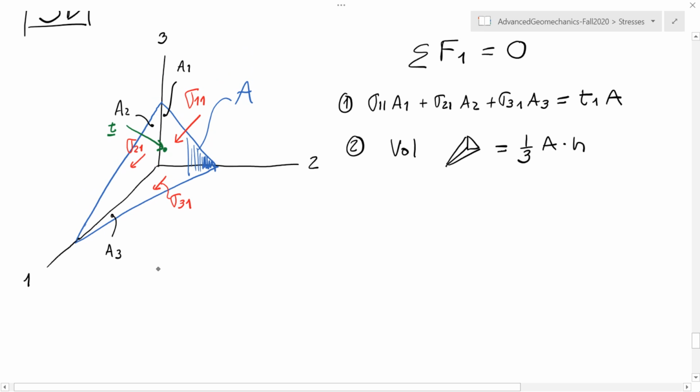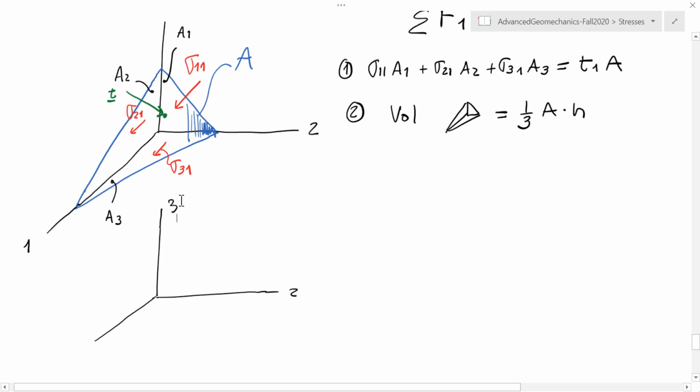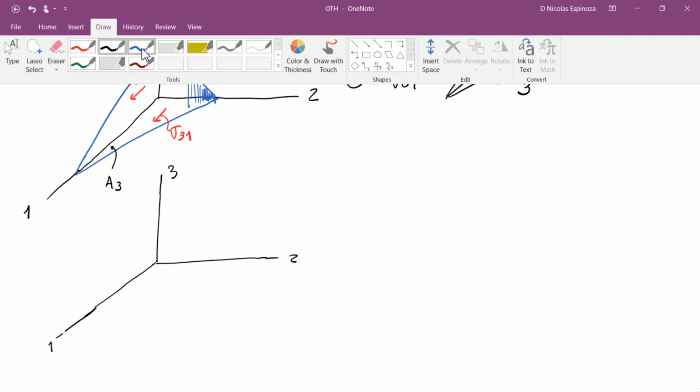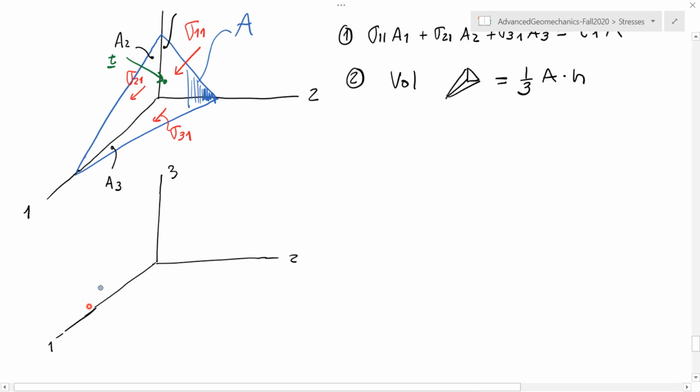I'm going to draw the same prism, 1, 2, 3. Let me go down a little bit more to make space. The volume here is something like this.